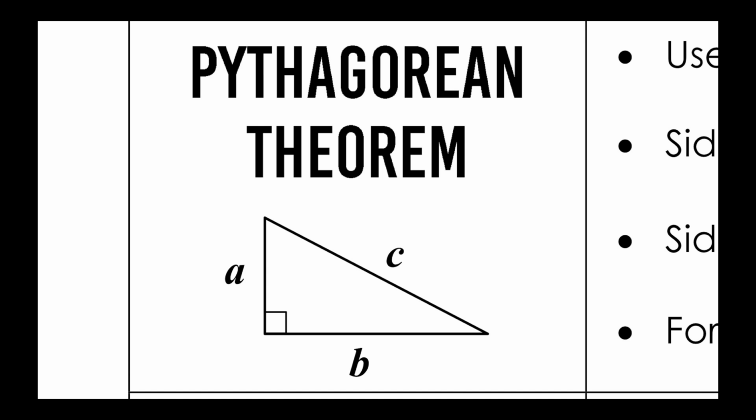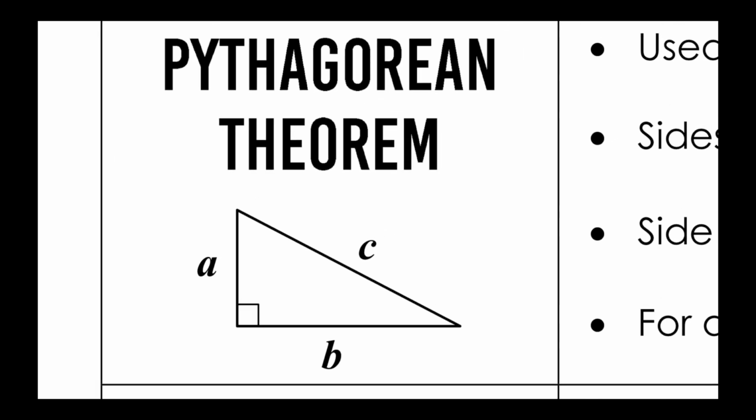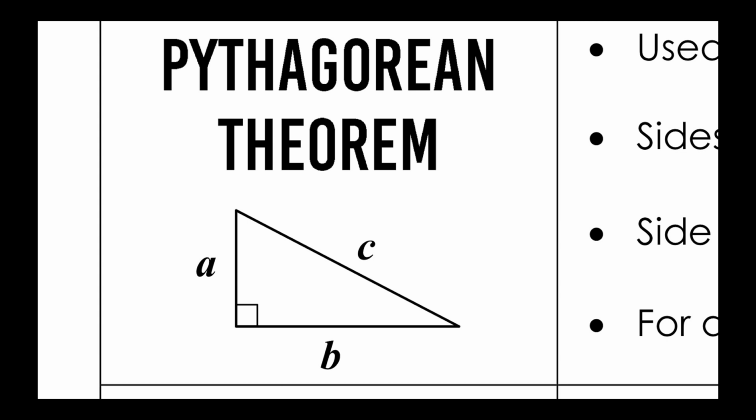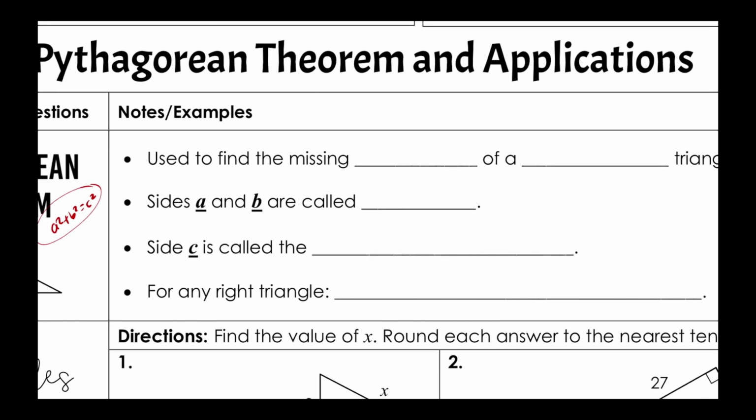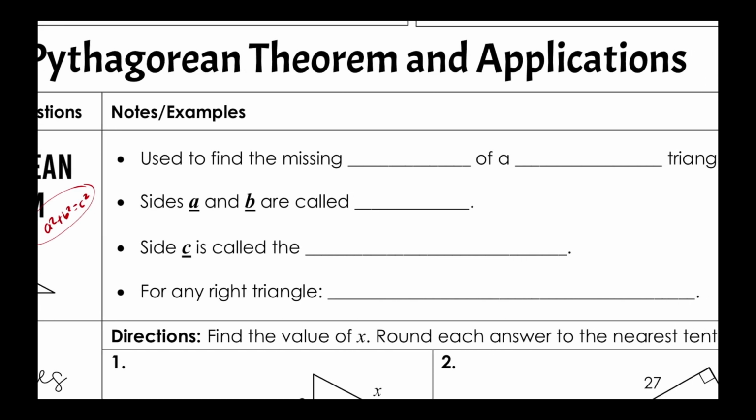But yes, the Pythagorean theorem only works for right triangles. Now some of you know it as a squared plus b squared equals c squared. Okay, great. But a, b, and c, what are those things? What do we use the Pythagorean theorem for?